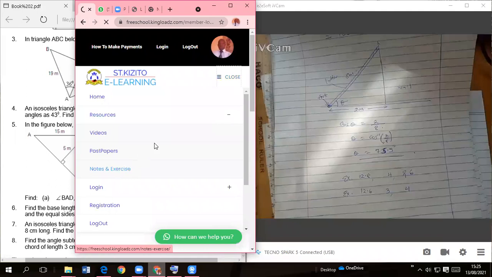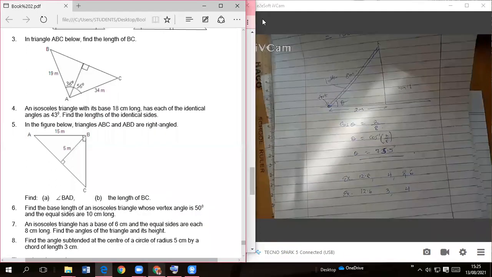Once you click there, you look for UC book 2. Click on the download button, and you have that book in your phone. Then you come to page 147, and you get the exercise. Okay, any question?